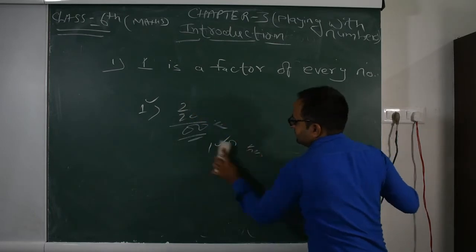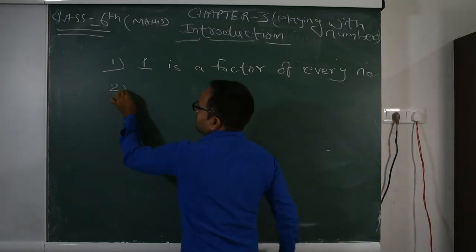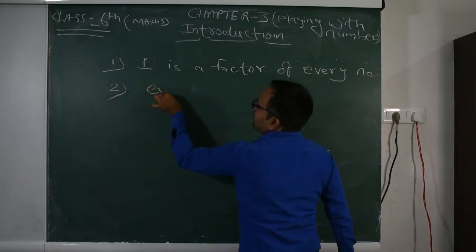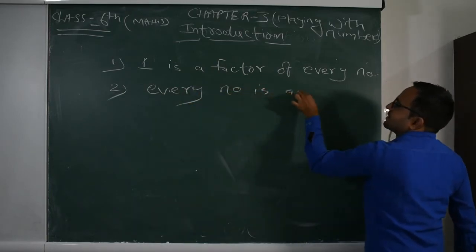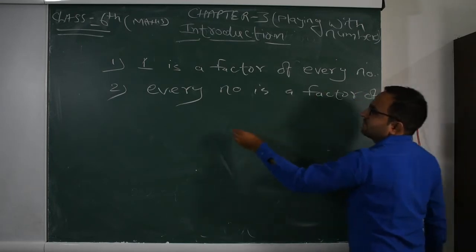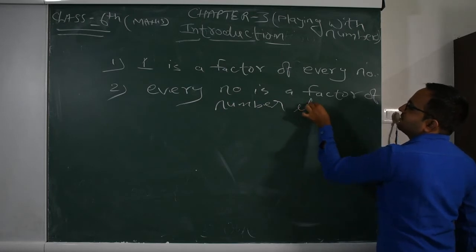Now the second rule: every number is a factor of itself.